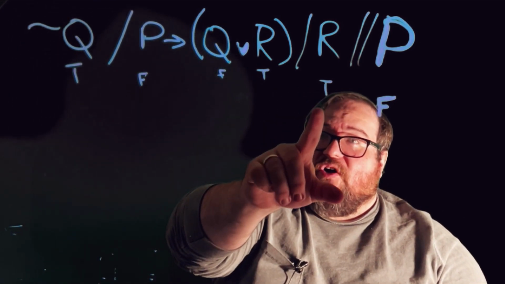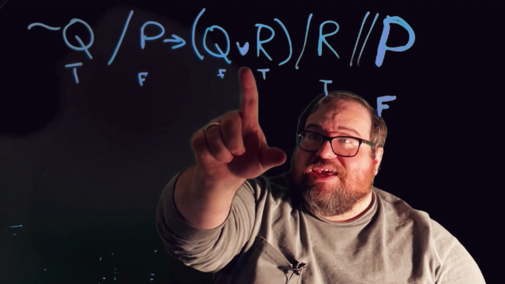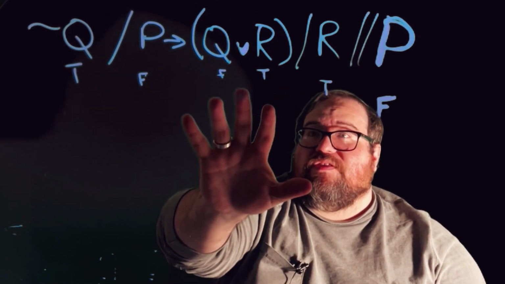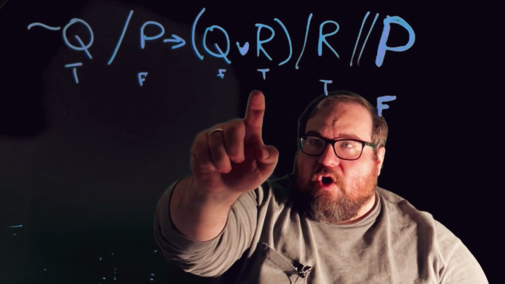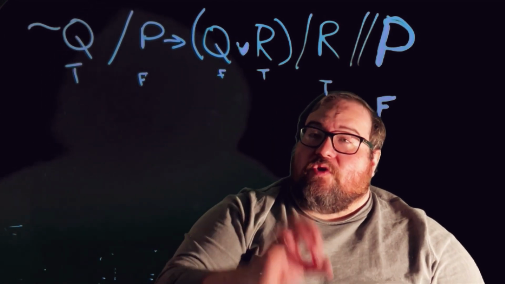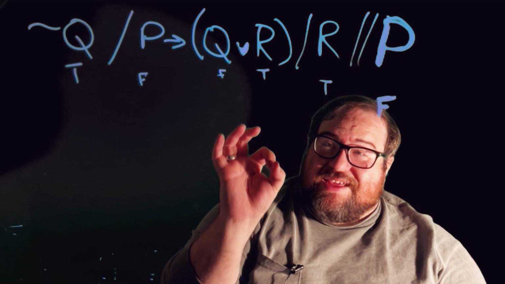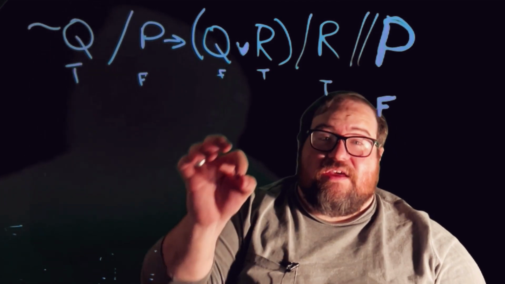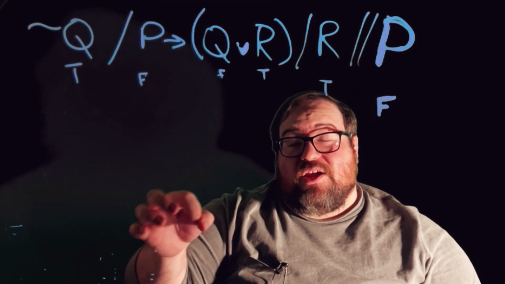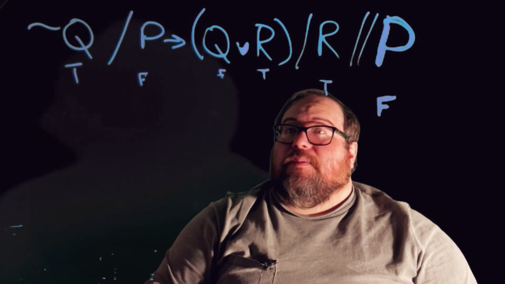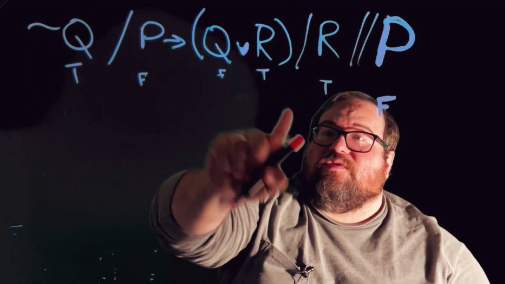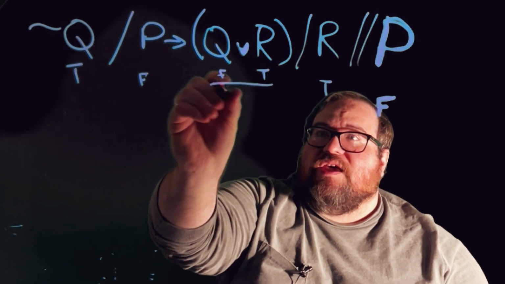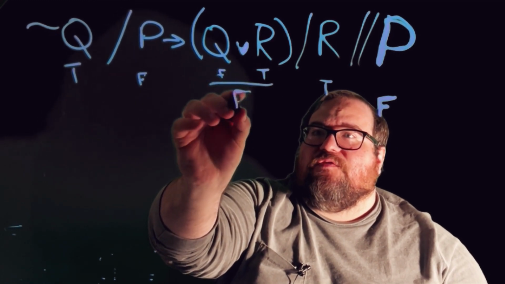So I'm going to say that R is true, which means that inside of the parentheses here in this disjunctive statement, R has to be true, which means that it is the case that either Q is false or it could also be true. But in any case, the individual values in here don't matter because the thing itself is true.